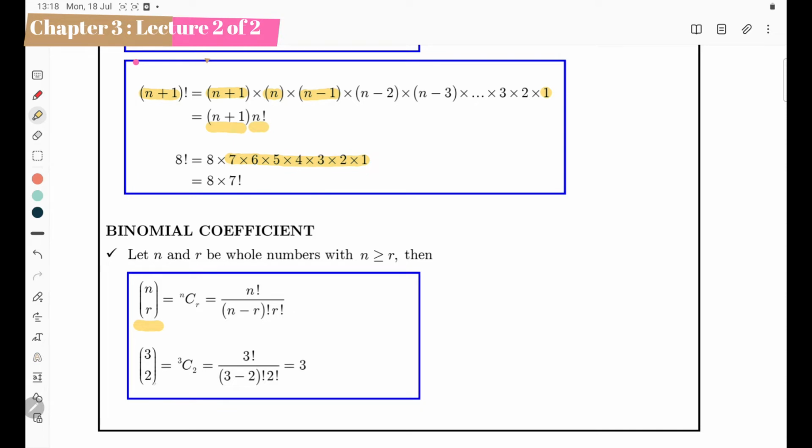For example, we have 3C2, with n is 3 and r is 2. By substituting n and r into the formula, we have the following. And simplifying it, we will get the answer 3.